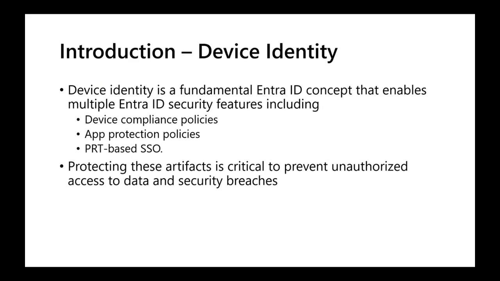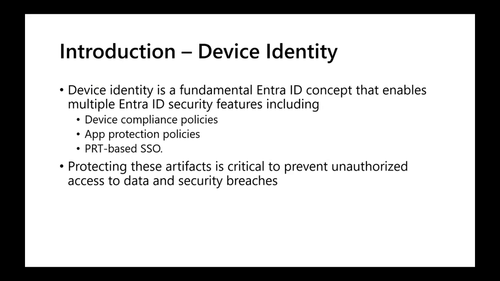Okay, so let's start with device identity. Device identity is the central pillar of the Entra ID platform that allows us to, as its name implies, identify devices. And fundamentally, a device identity is an object in Entra ID similar to how users, groups, or applications are objects that give administrators information they can use when making access or configuration decisions.